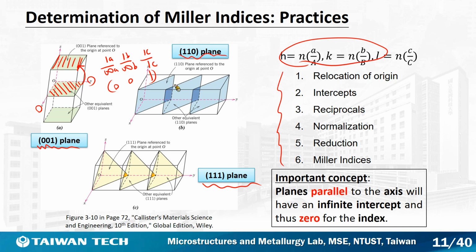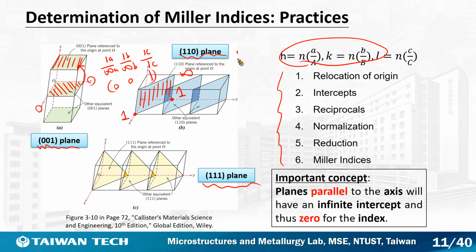Okay, let's see this one. So this one, we should obtain as the 110 plane. And because it doesn't intersect the origin, it's okay, we can just use it. And let's find the intercepts for the x, y, and z axis. For x it is 1, for y it is 1, for z the intercept is infinity.